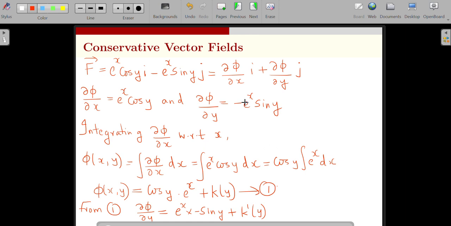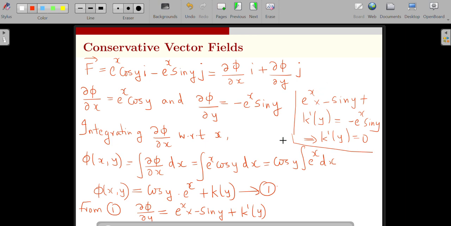So equating the corresponding terms, we obtain e raised to x into minus sin y plus k dash of y is equal to minus e raised to x sin y. That is, clearly k dash of y will be equal to 0.